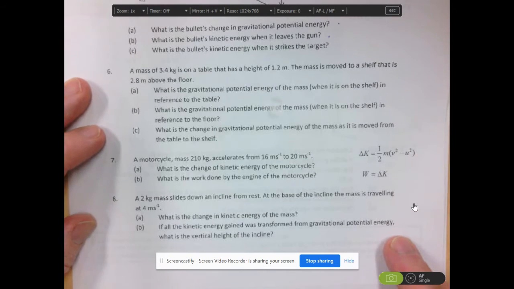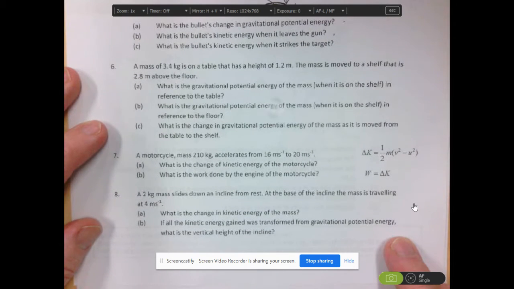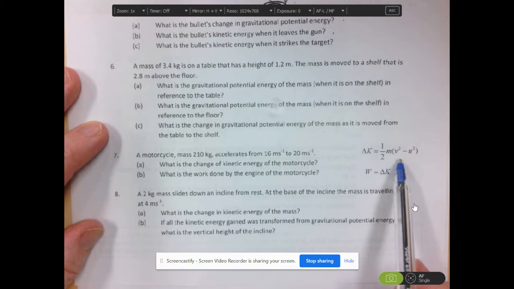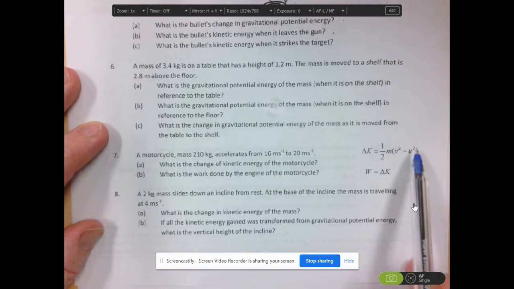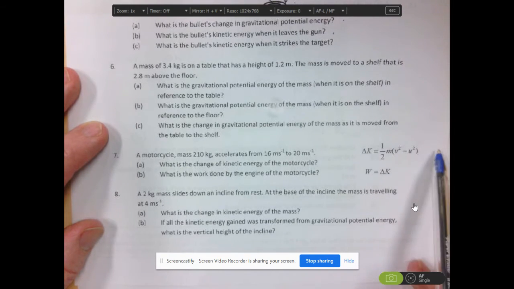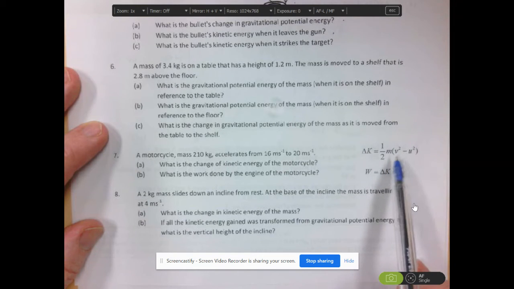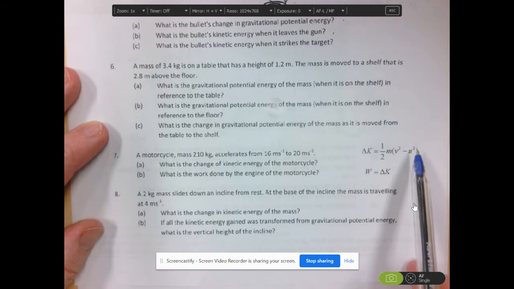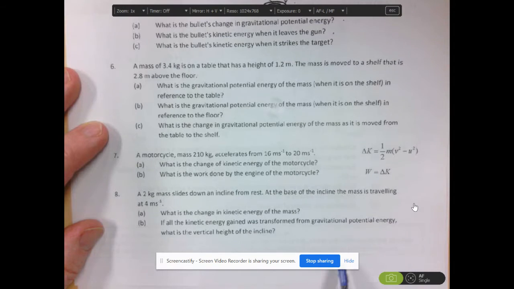This one here, question 8, a mass is sliding down an incline from rest. The change of kinetic energy is always the final velocity squared minus the initial velocity squared. So it's using this formula over here. So please realize that it's v squared minus u squared. Please don't make it v minus u all squared. The squared cannot be on the outside of that bracket.